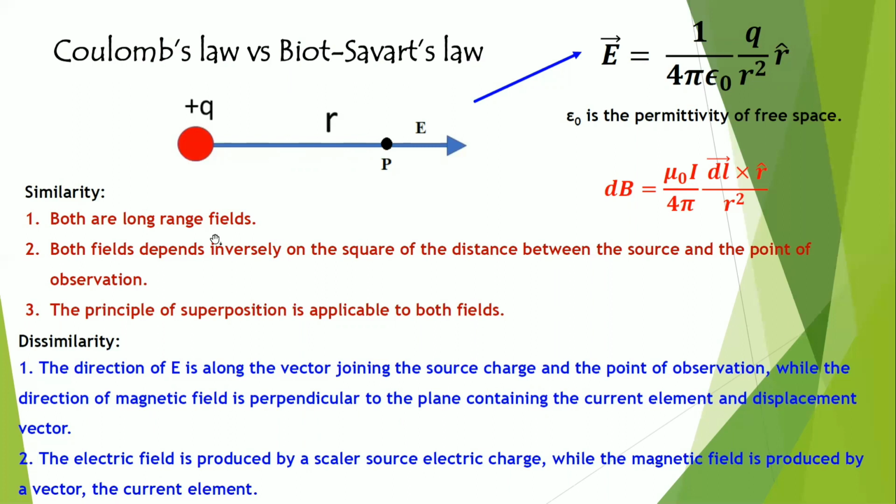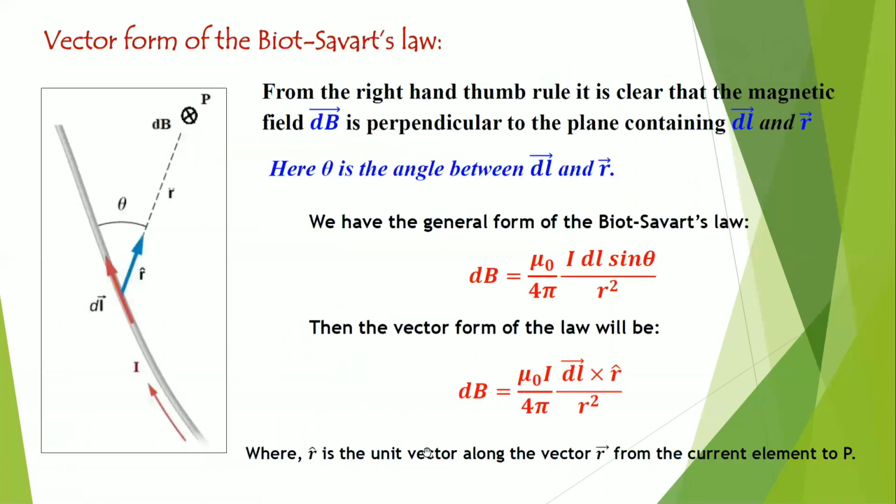While the direction of the magnetic field, as we have just seen, is perpendicular to the plane of the paper containing the current element and the vector r. It is pointing into the plane.